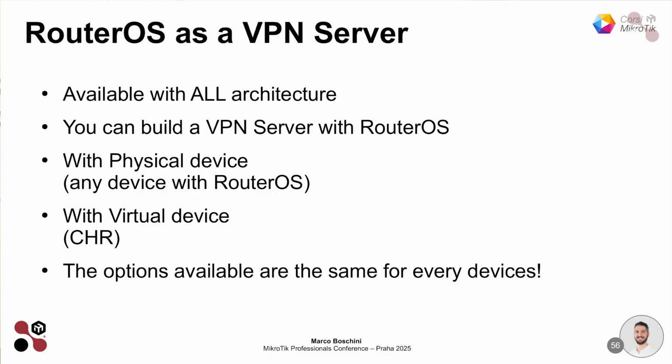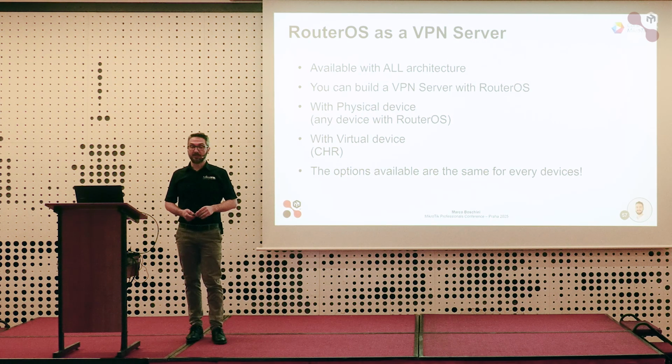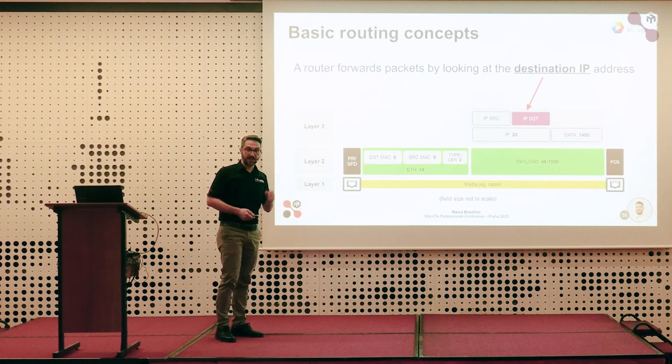You can build a VPN server with RouterOS on a physical device, with any device, and with a virtual device like CHR. Do you know CHR? The options available are the same as on every device, without limitation.